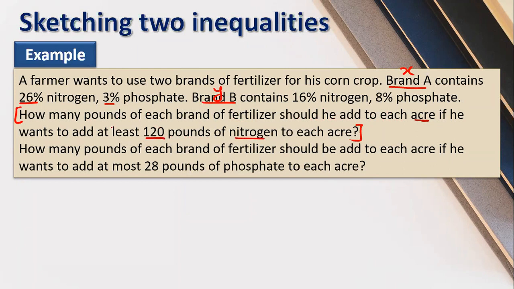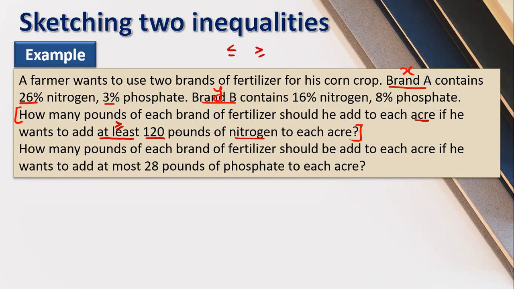There will be a keyword that will lead you to the sign of the inequality, either less than or equal, or greater than or equal. You will get this by the keyword hidden in the question statement. So here, at least means greater than or equal.